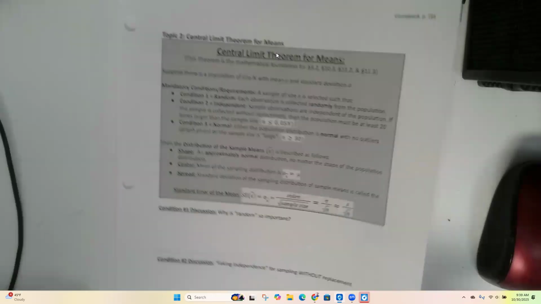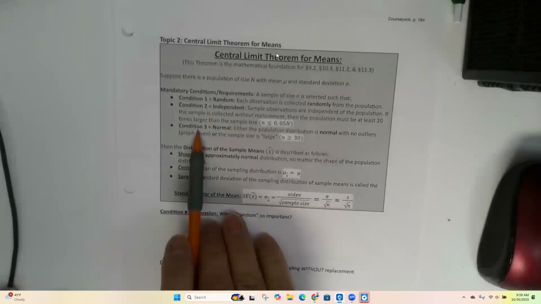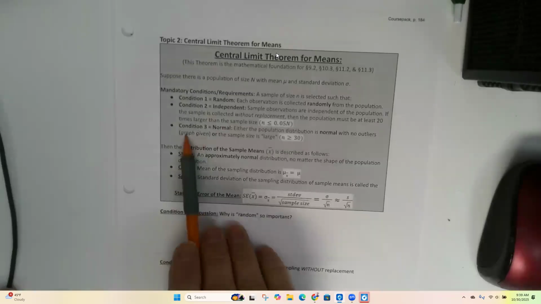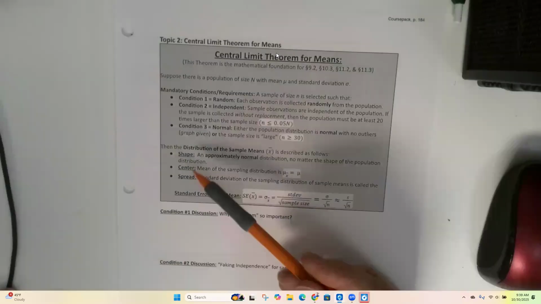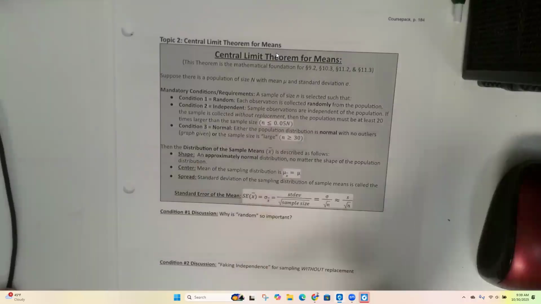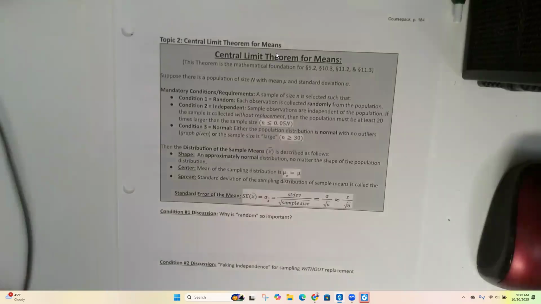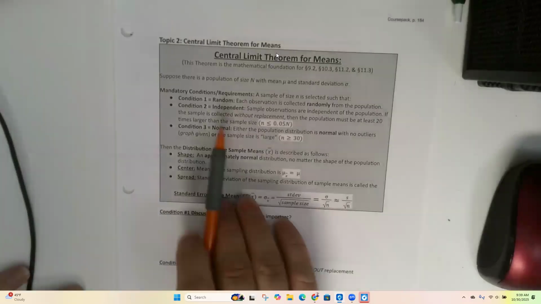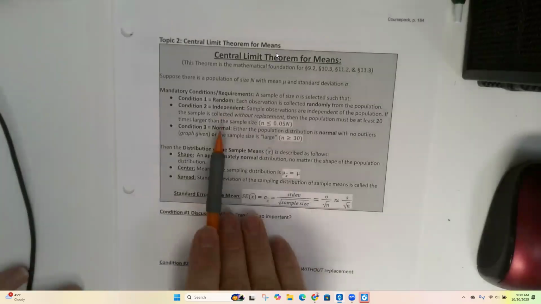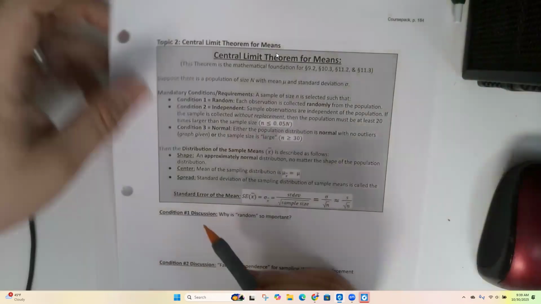We're going to be doing this quite a bit in this chapter, as well as in chapters 9, 10, and 11, because we need to make sure that we are satisfying these three conditions.